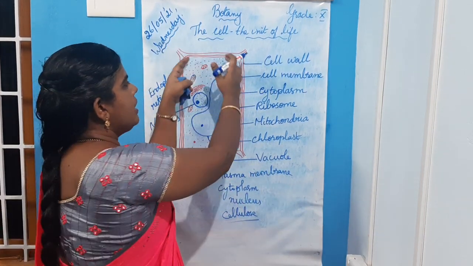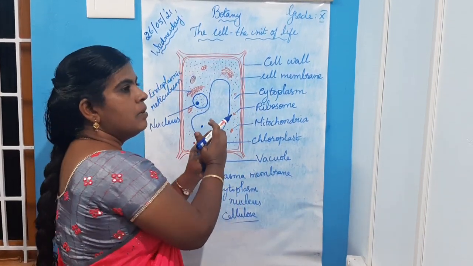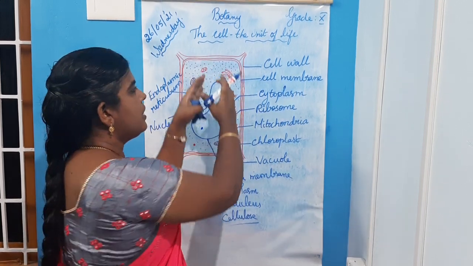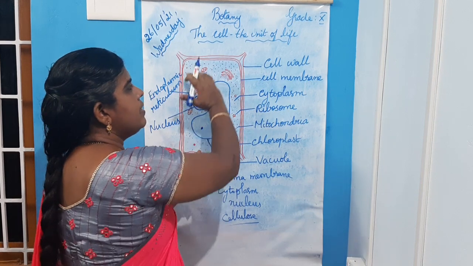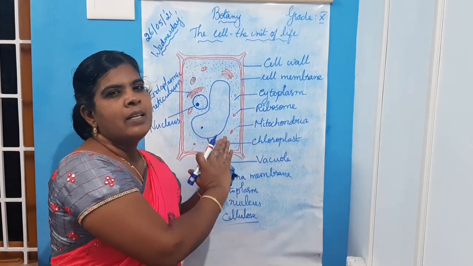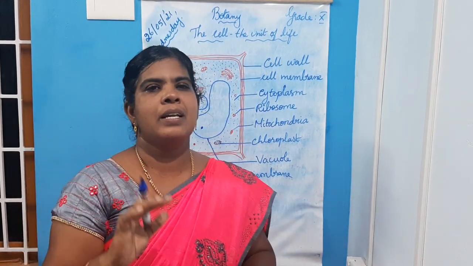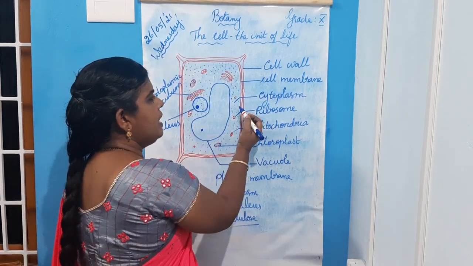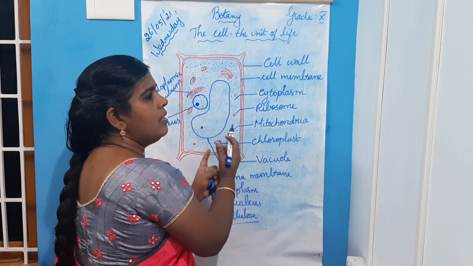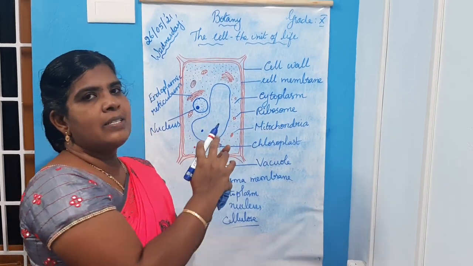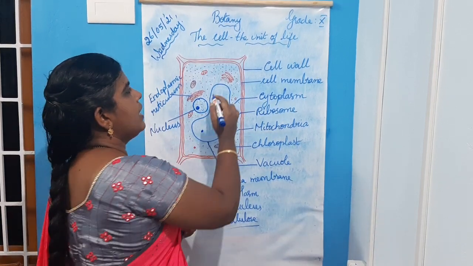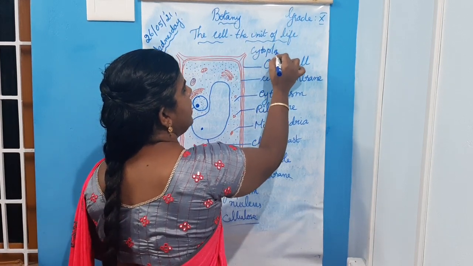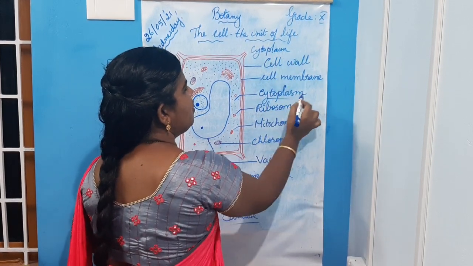Next, the organelles present inside the cell. This outer covering encloses the cell organelles, which are also called cytoplasmic organelles. Inner to the membrane there is a colloidal substance called cytoplasm.